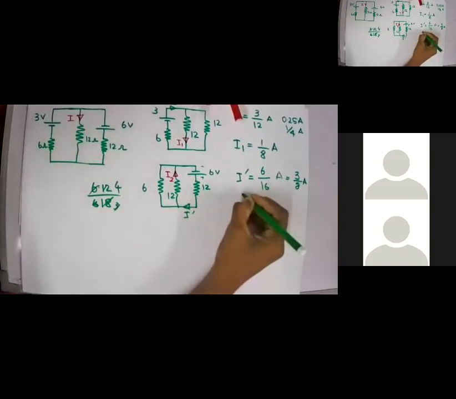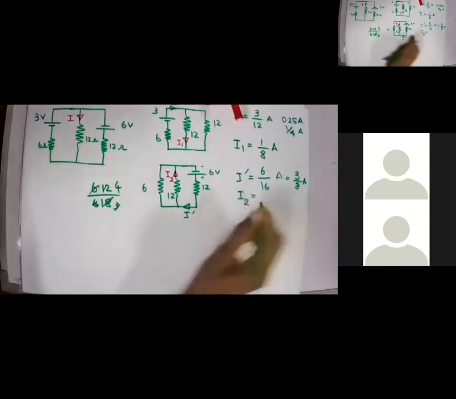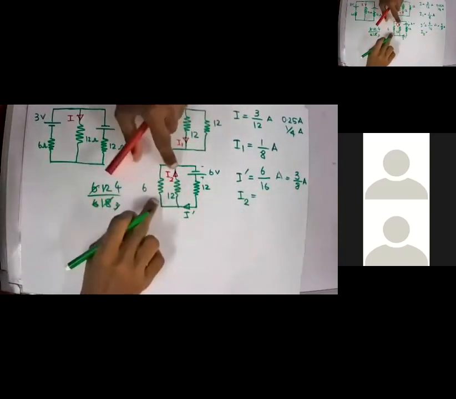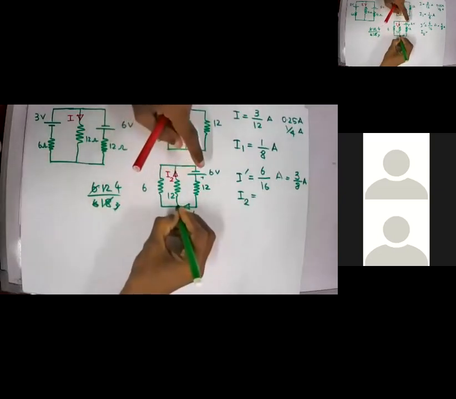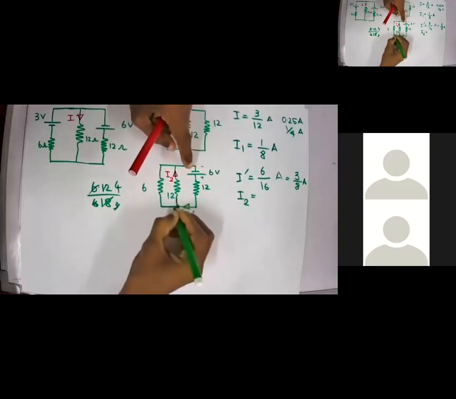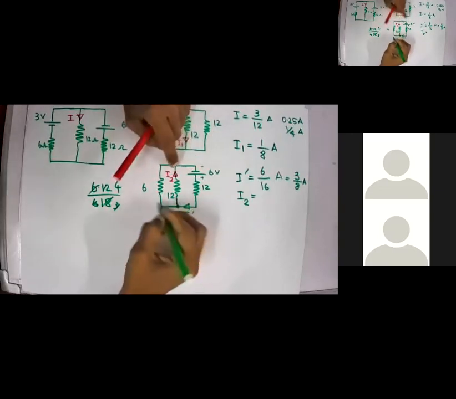Right, now what is my I1? Sorry, I2. I2 again will be divided by these two branches by applying the current division rule, right?